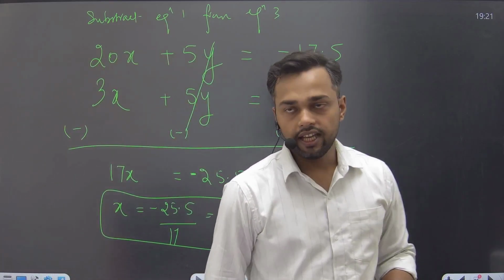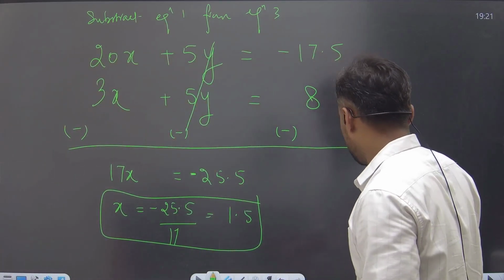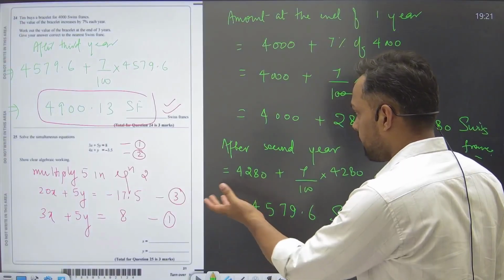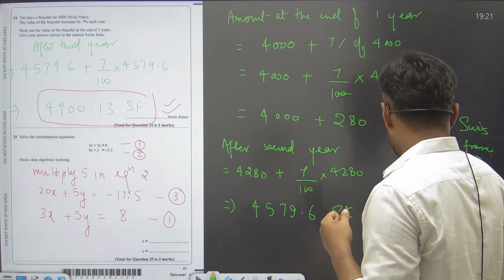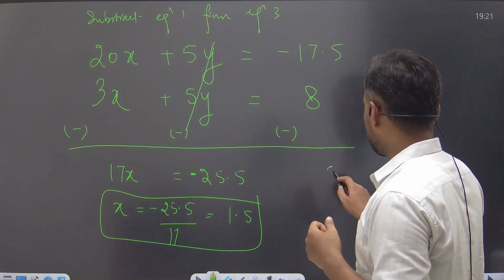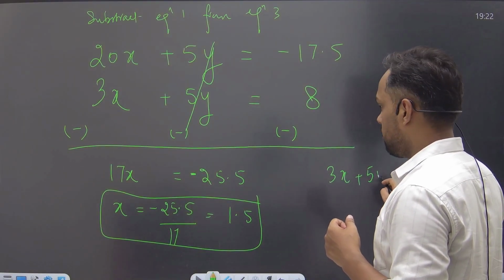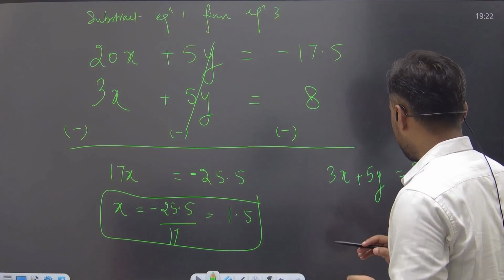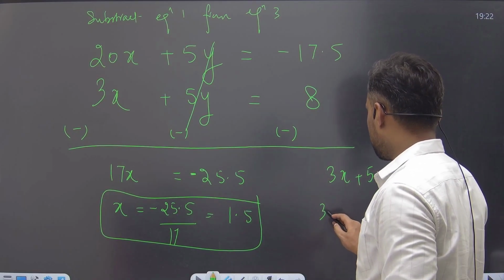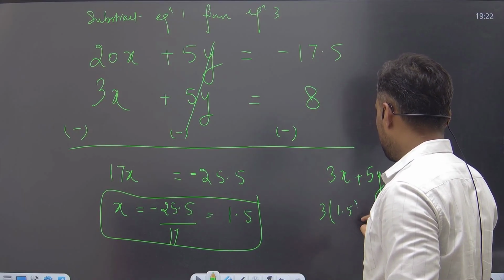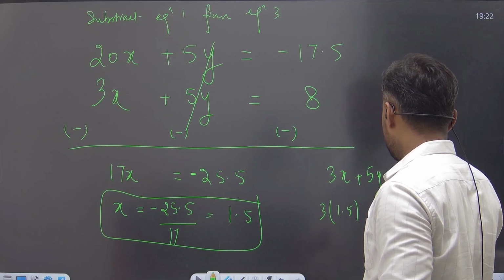Plugging in the value of x, let's say in equation number 1. So equation number 1 was 3x plus 5y equals 8. So we are plugging the value of x here, so it will be 3 cross 1.5 plus 5y equals 8.